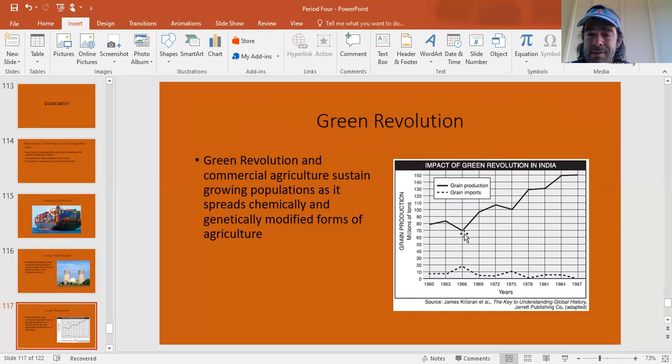And between 1966 and 1987, 20 years, Indian food production more than doubled. That's just one region. And the same thing is going to happen in Mexico, and in other industrialized and post-industrial regions. And even in America, we're using Green Revolution technologies right now to massively increase the amount of food that we can produce, which is going to lead to population growth.